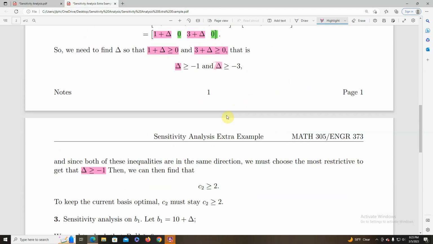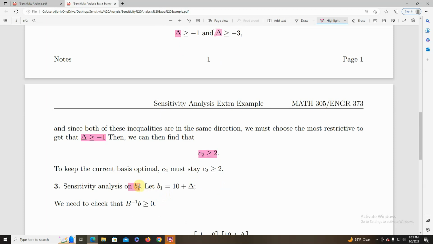All that it can change is it can go down by 1, but whatever we're adding to it needs to be more than that. So cost 2 can be 2 or higher, and the same basis will be optimal no matter what values above this.